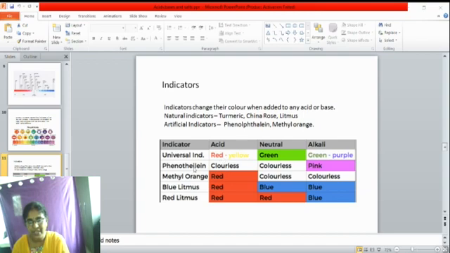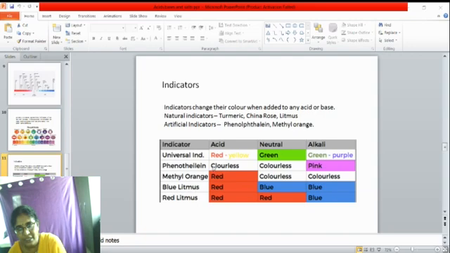Now, when we add phenolphthalein, which is an artificial indicator, the acids are colorless, right? The neutral substances are also colorless, but the alkalis, that is, the bases, change pink in color. Whereas in methyl orange, the acids change red, neutral are colorless, as well as the bases are also colorless.